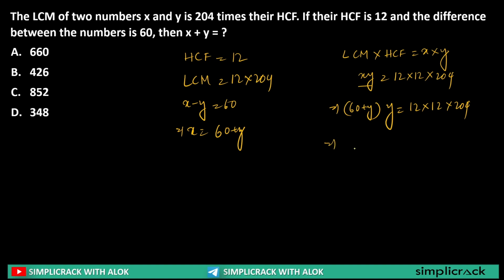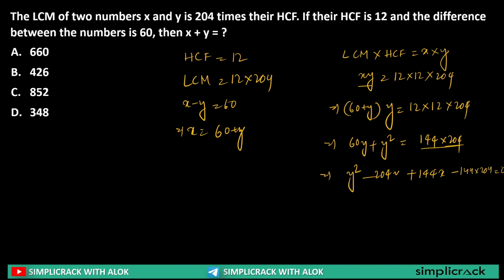Yes sir, you are right. And it can be written as 60y plus y square is equal to 144 into 204. Yes sir, it can be written. Or the whole thing can be written as y square plus 60y minus 144 into 204 is equal to 0, because this will come to this side.